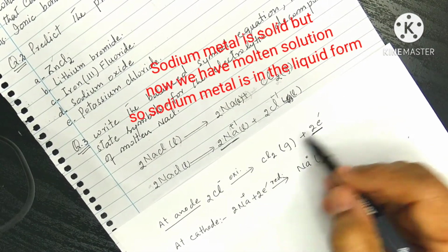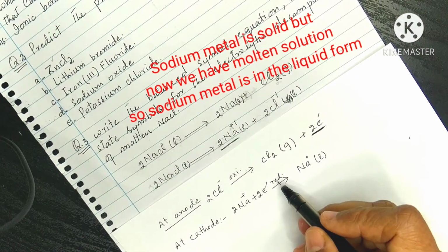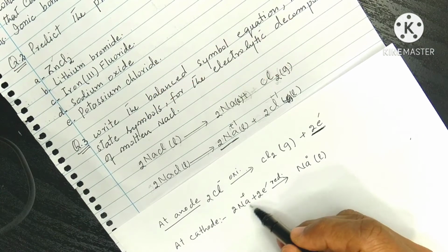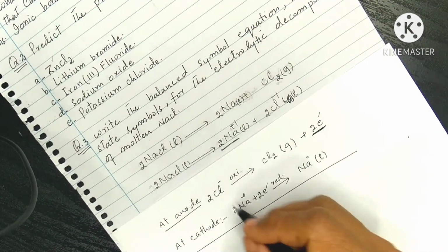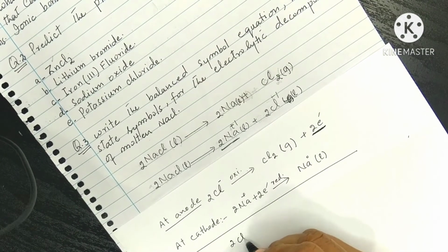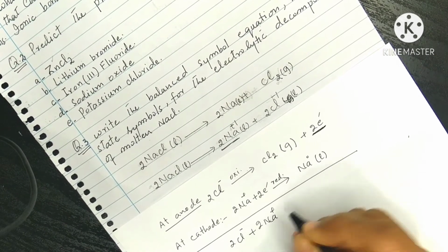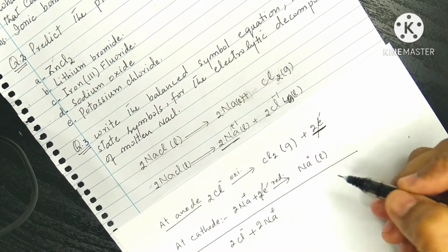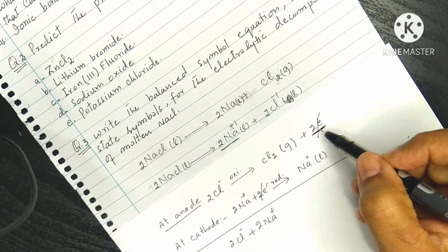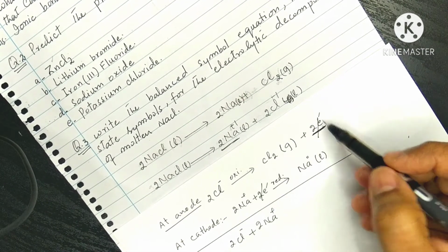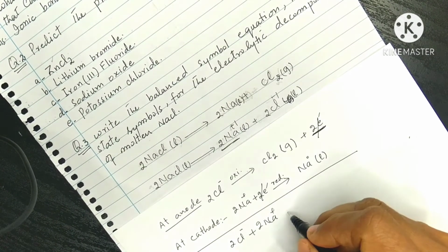This is the oxidation process because an electron has been removed, and this one is the reduction process at the cathode because an electron has been added to the sodium. Now the whole reaction: 2 chloride ions plus 2 sodium ions, and these electrons cancel out, because the electrons released by the chloride ions are the same electrons absorbed by the sodium.